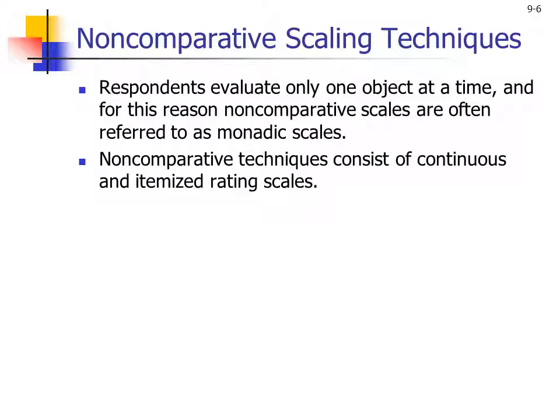They evaluate only the one object at a time, and for this reason, the non-comparative scales are often referred to as monadic scales. The non-comparative techniques consist of continuous and itemized rating scales, which are described in the next table and discussed in the following section.